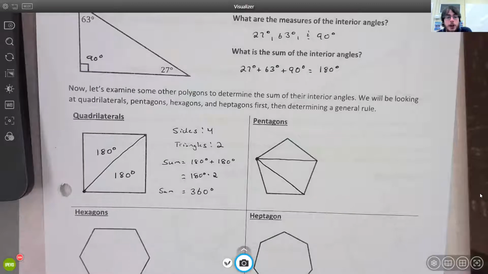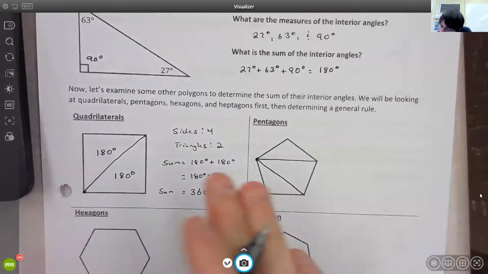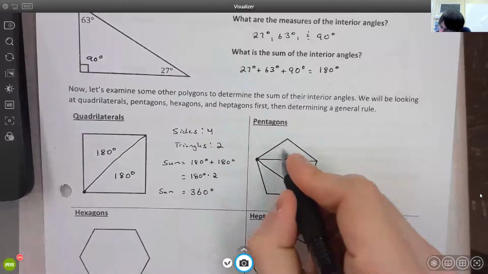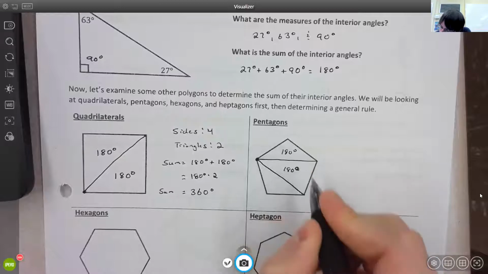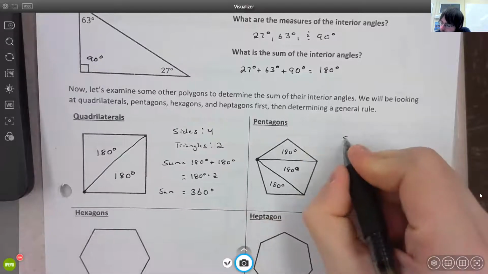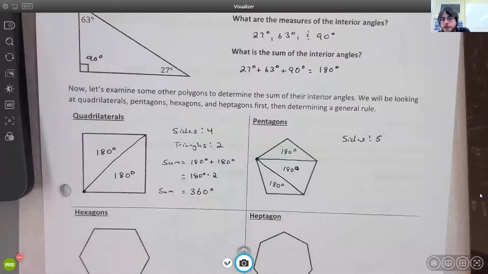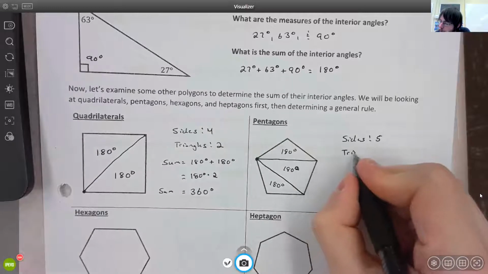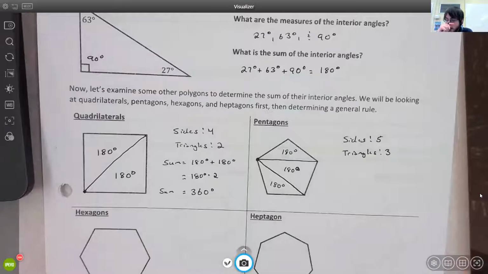So how many triangles have we split this into? Well, as we can see, we have one triangle there, a second triangle there, and then a third. So a pentagon has 5 sides, and it formed 3 triangles when we drew out our diagonals.